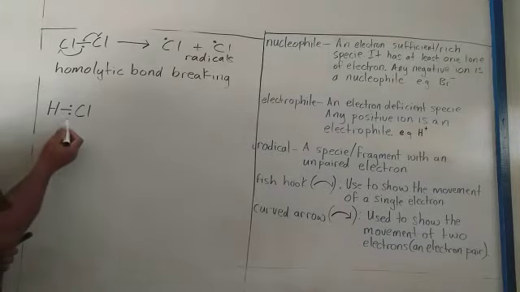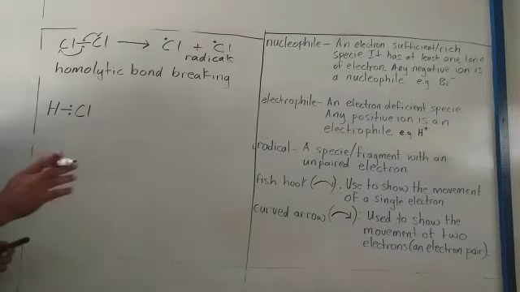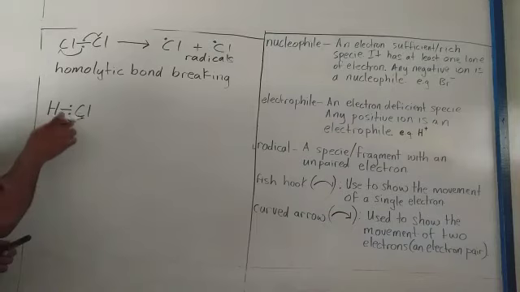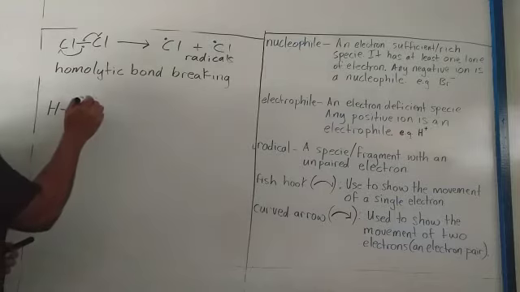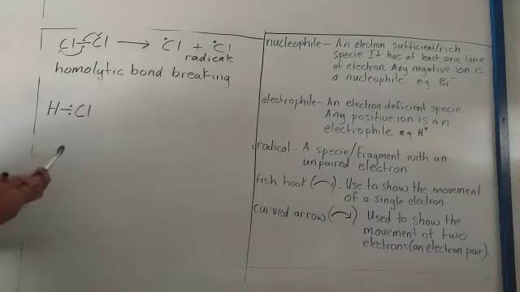Since the electrons are now closer to chlorine, the distribution of the electrons is not equal. So this molecule cannot be nonpolar. The chlorine will have a slightly negative charge.